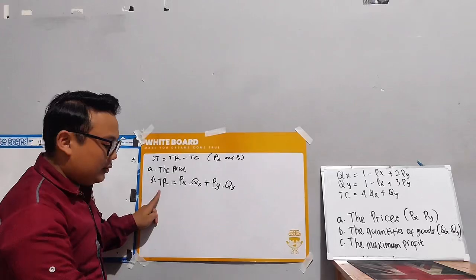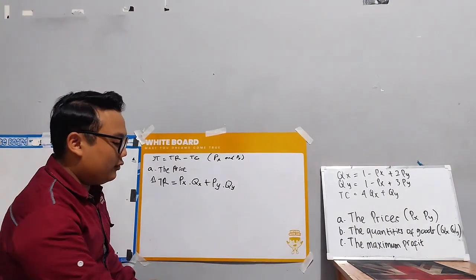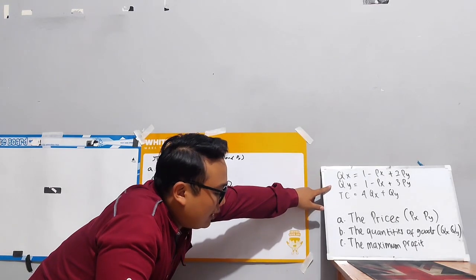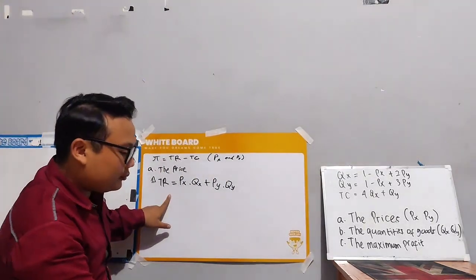Next we substitute the given demand functions for Qx and Qy into the TR formula.